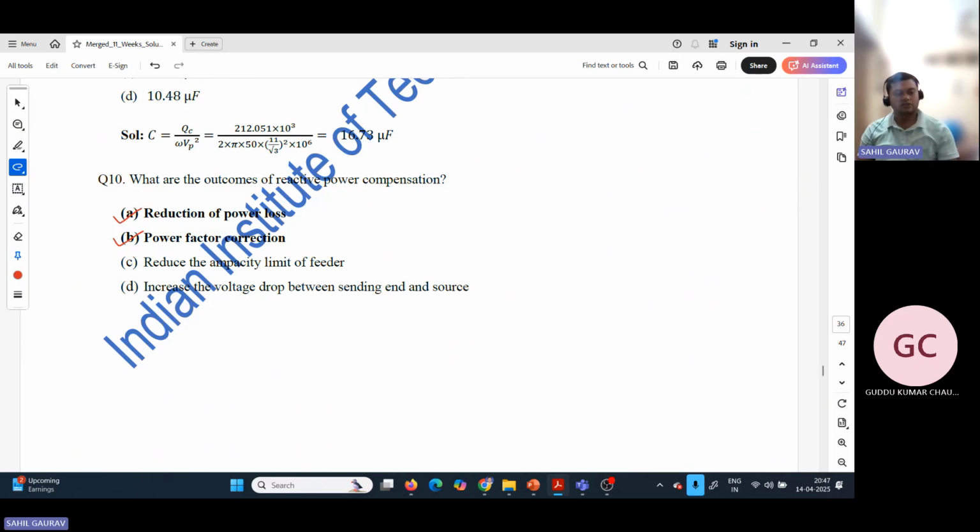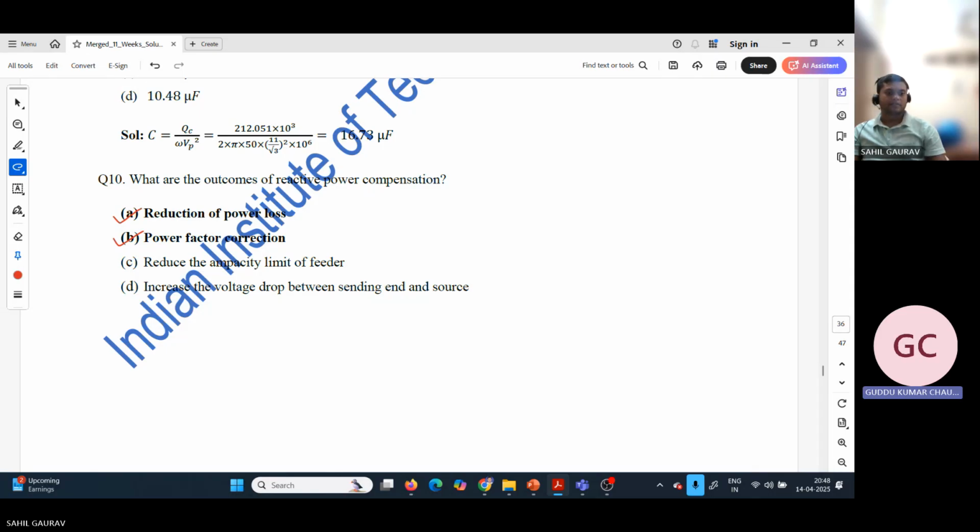Guddu, can you tell this answer? What are the outcomes of reactive power compensation? The reduction of power losses and power factor correction. It is the correct answer, but reduce the ampacity limit of feeder and increase the voltage drop between sending end and source.